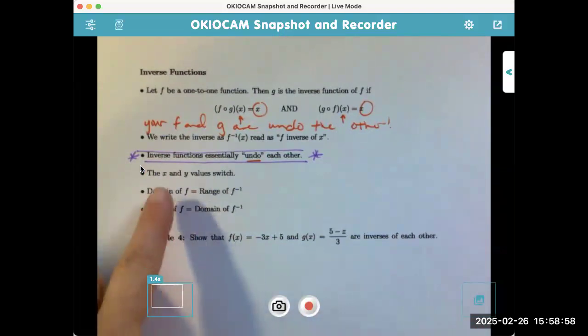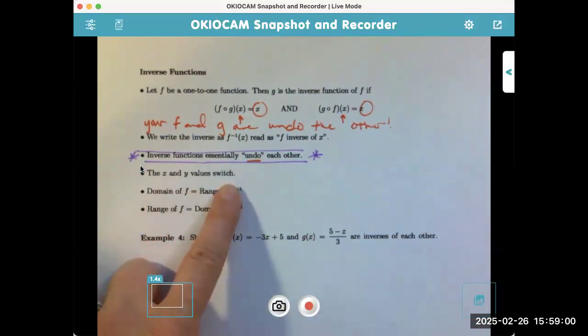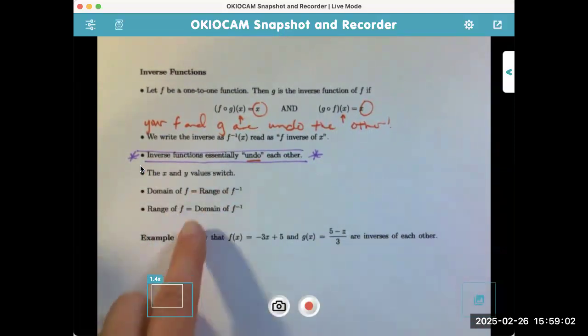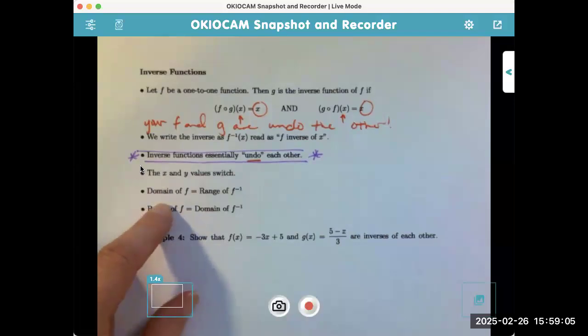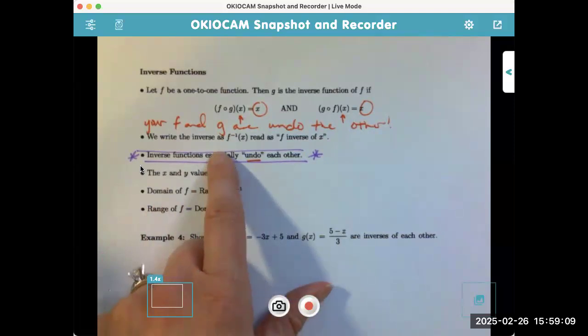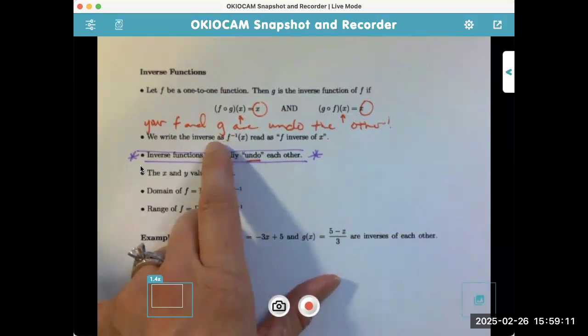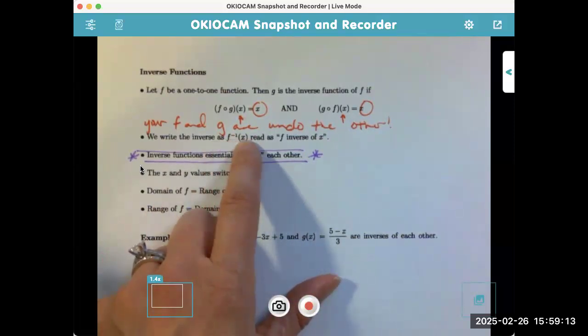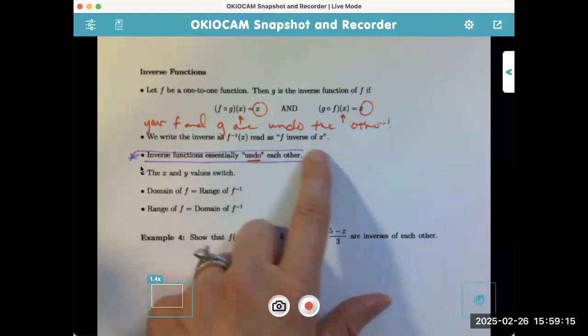So the x and y values switch for domain and range. With that comes the more specific statement: the domain of f is the range of f inverse. We write f to the negative first of x, but it's actually read as f inverse of x.